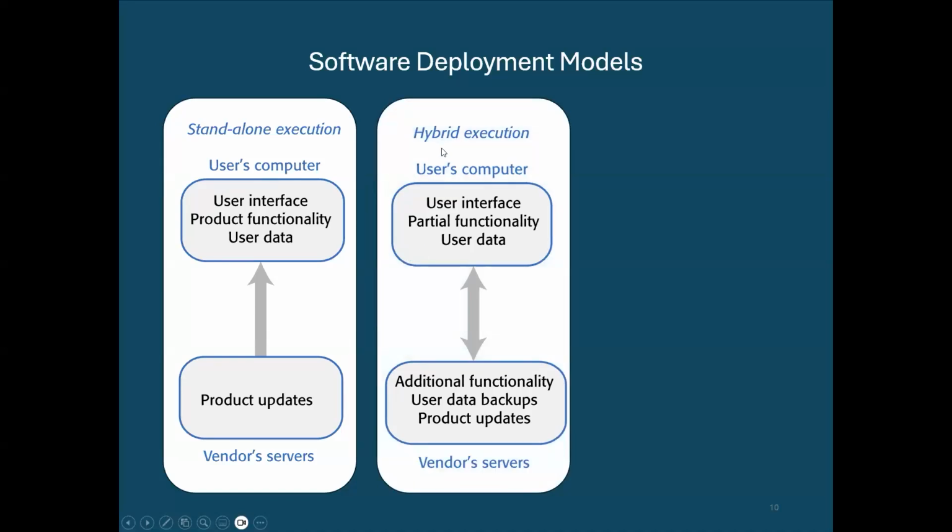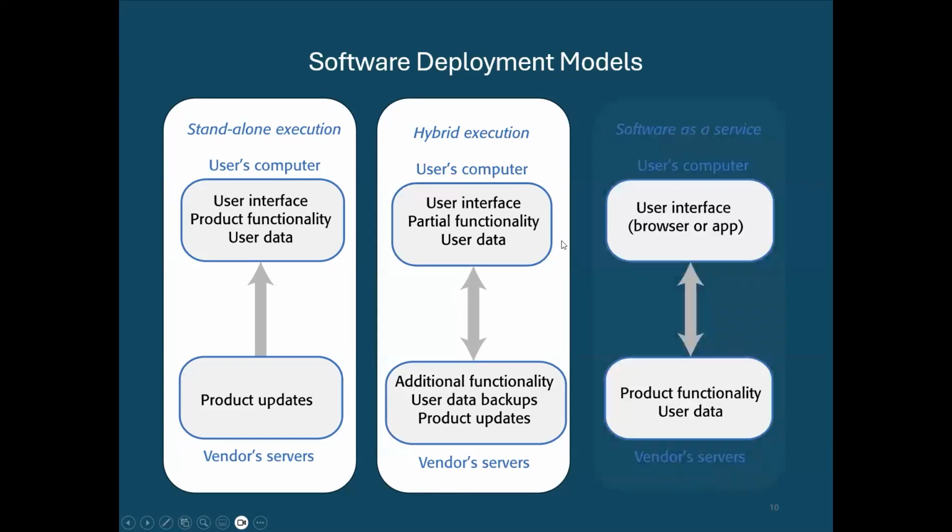The other example was the hybrid one. If we have additional functionality, user data backups, and product updates, they are all on the vendor server. But there is still some part of the application, which is the user interface, partial functionality, and user data, on the side of the user computer.